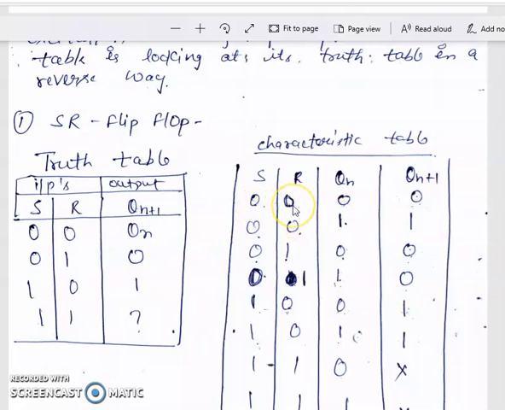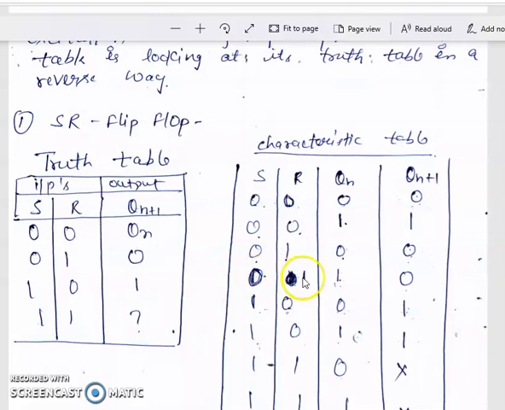So in case of 0 0, if Qn is 0 then the output is 0. In case of 0 0 but Qn is 1, the present state is 1, so our next state is 1. Okay, next is the 0 1 case. For 0 1 and Qn is 0, the flip-flop is reset, the output is reset because R equal to 1, so the output is 0 always.